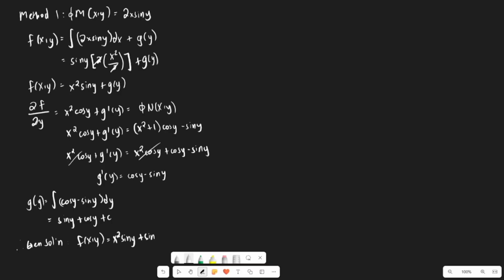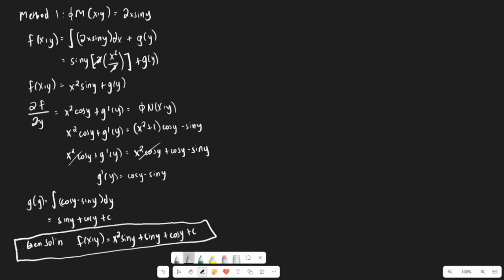So we have sine y plus cosine y plus c. And that's all for example number 2 using case 2 of finding the integrating factor.